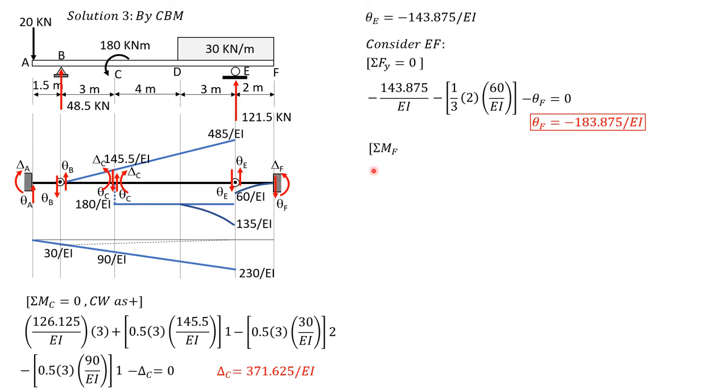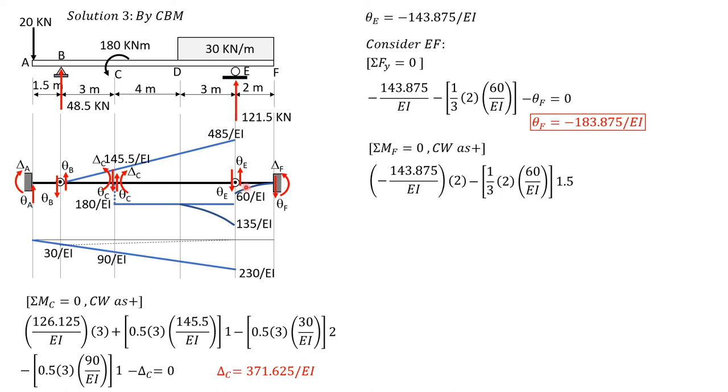Finally, summation moment about F equals 0, clockwise positive. So we have theta E times 2, or negative 143.875 over EI times 2. Then minus, this is counterclockwise, minus area of spandrel, minus quantity 1/3 of 2 times 60 over EI. Then the moment arm is 1.5 because this distance is supposedly 2 over 4 or 0.5.